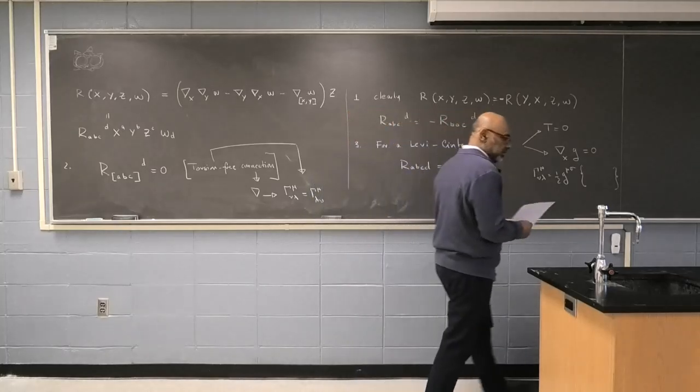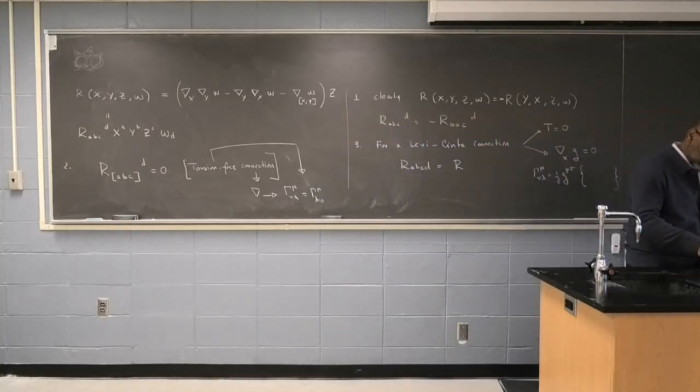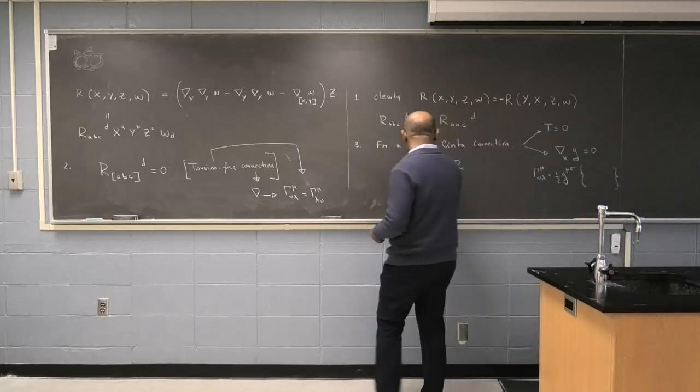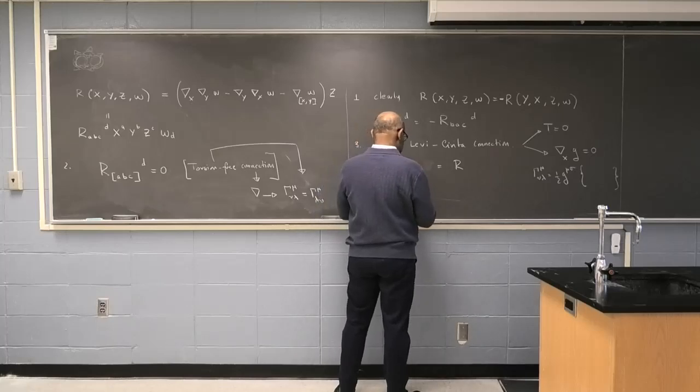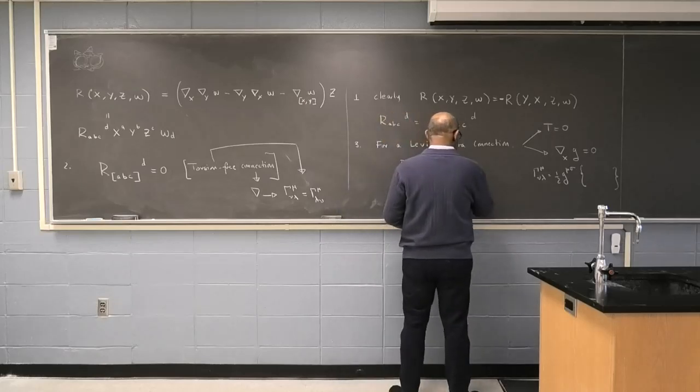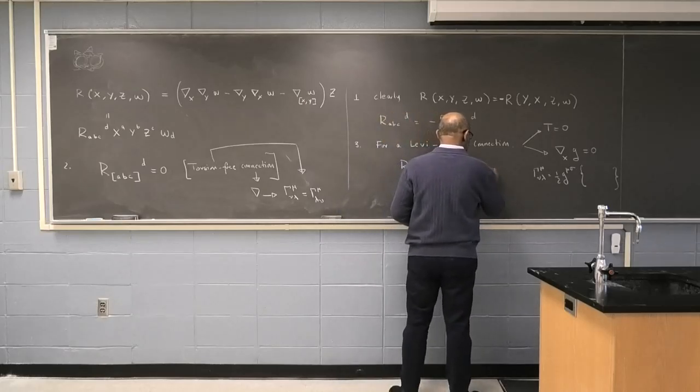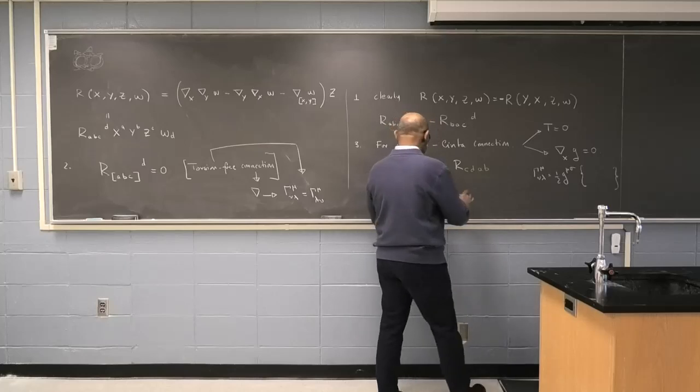Let me make this very clear. Oh, let me color code it, although it doesn't show well on the video. R_{ABCD} is equal to R_{CDAB}.